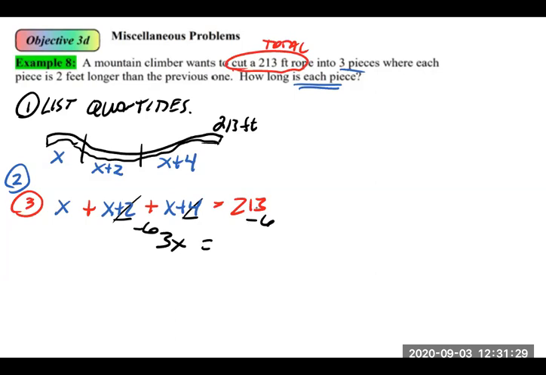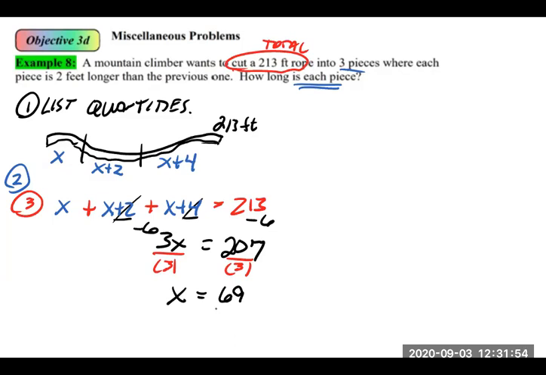And then 213 minus 6 is a 207. So now when I divide by 3, I should get X equaling 69. So again, you could check that, but I think that's right.